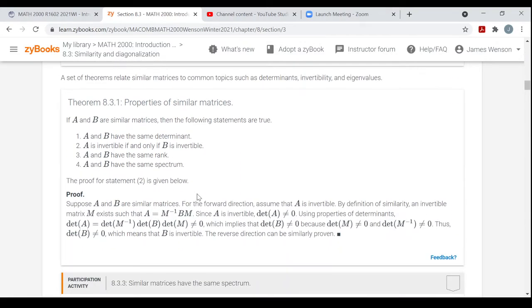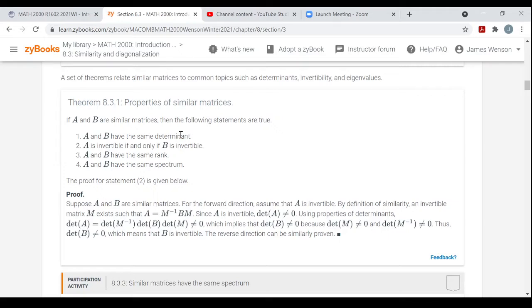Now, this theorem, these statements were mentioned in the summary at the beginning of the section. So if A and B are similar matrices, then the following statements are true. A and B will have the same determinant.